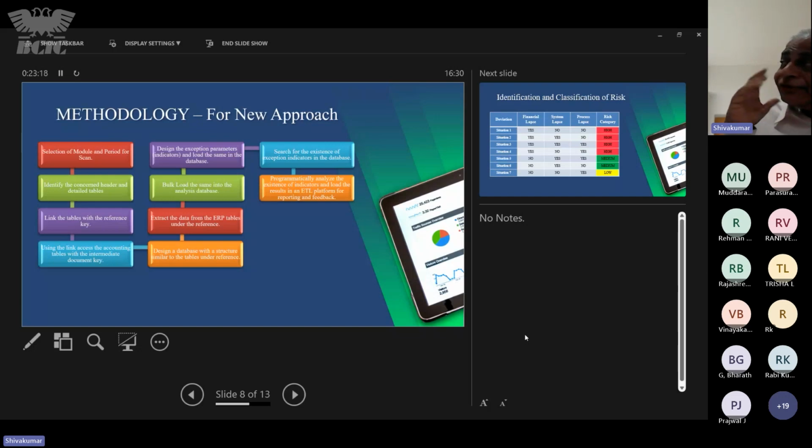First, you take the selection of your module and the period for which you want to scan all the transactions. You scan all the transactions in the module. The modules are generally procurement to payment, order to cash, then asset accounting, material management, and of course, sales and distribution.